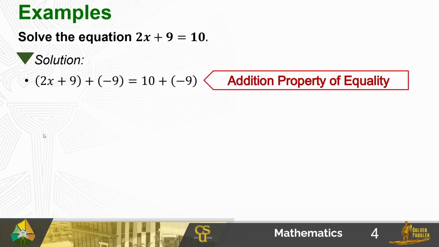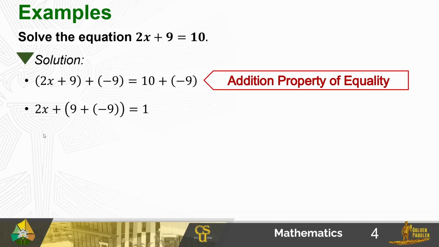Now, if we regroup, instead of 2x plus 9 as one group, we're going to group 9 and negative 9. So it becomes 2x plus the quantity 9 plus a negative 9. Now 10 plus a negative 9, we all know that is equal to 1.